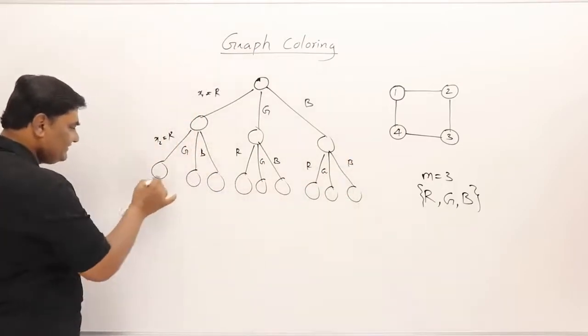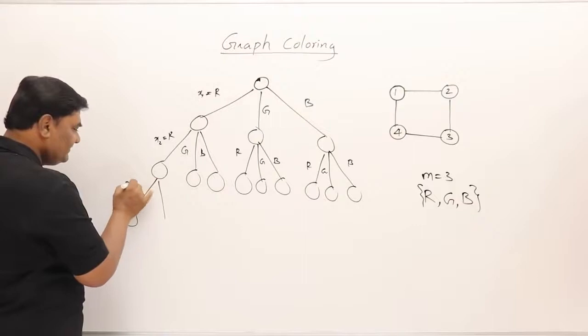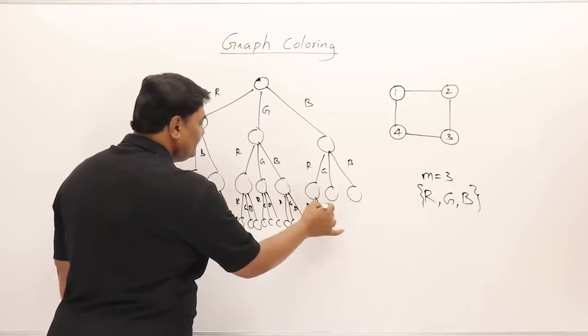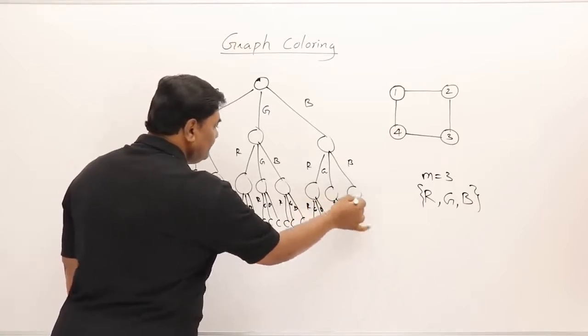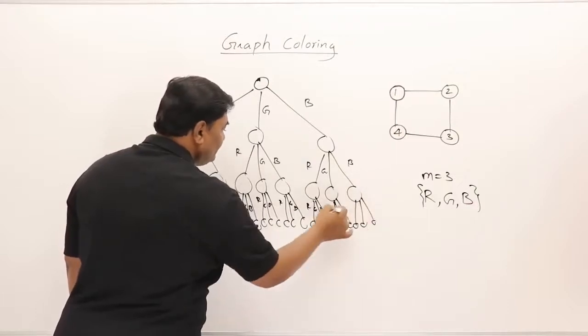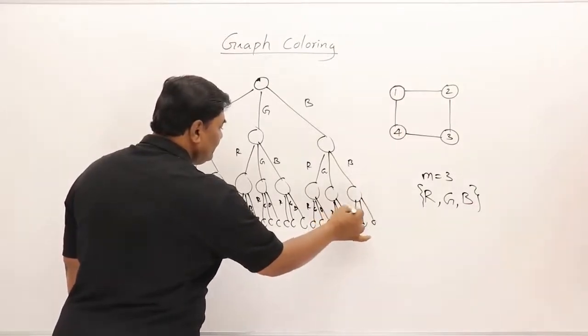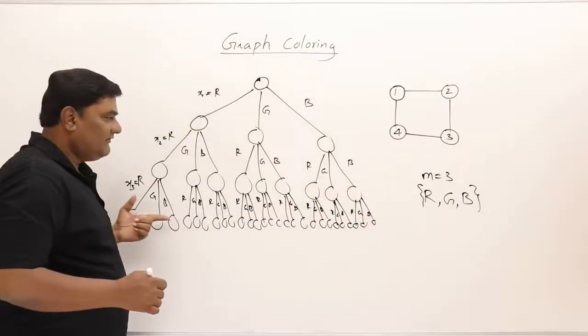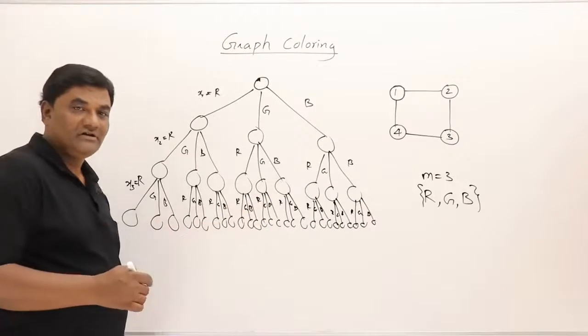Then under this, this is for the third vertex. Third vertex, red color, so I have filled all possibilities for third vertex.